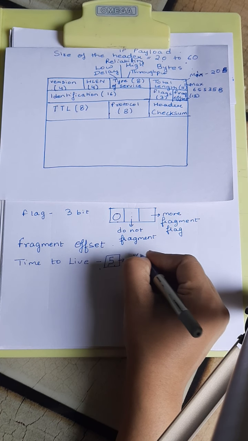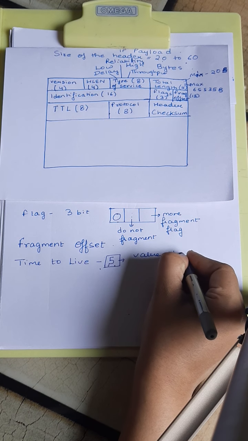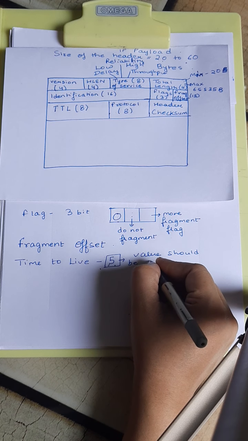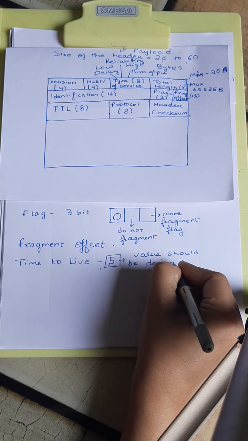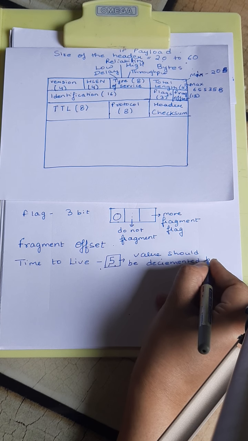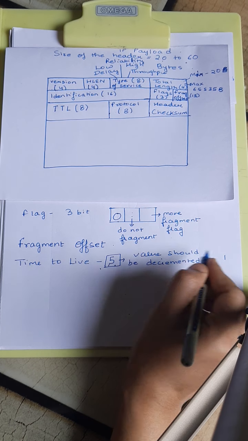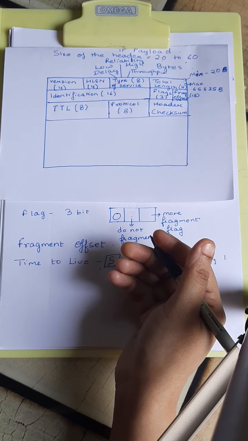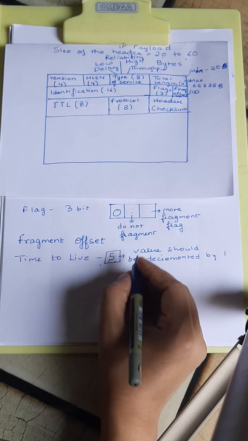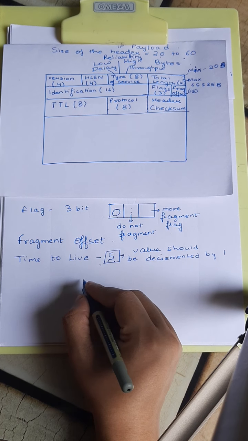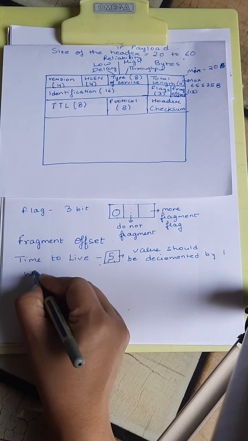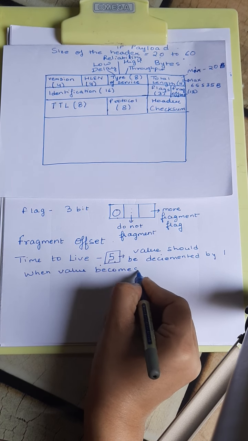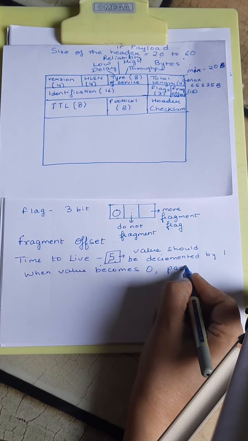This value should be decremented by 1 every time it reaches a router, the next router. And when the value becomes 0, the packet is discarded.